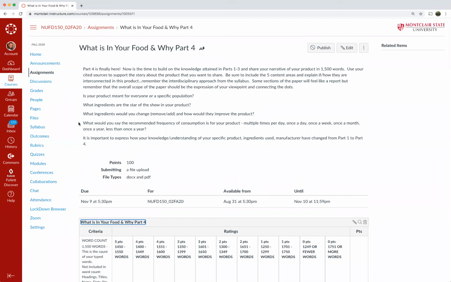Now we're going to go through the rubric here, which looks a little more involved than those for other assignments, but this one's a big deal. It's a 100 point assignment. It's worth 20% of your grade. So the first thing, it's a 1,500 word requirement.